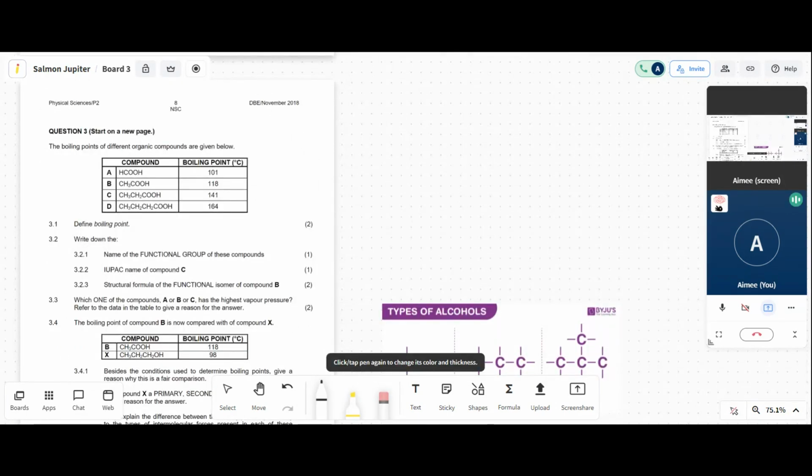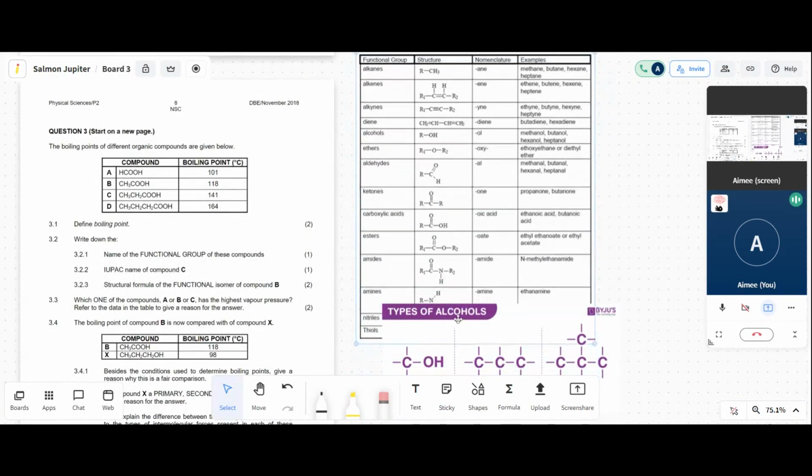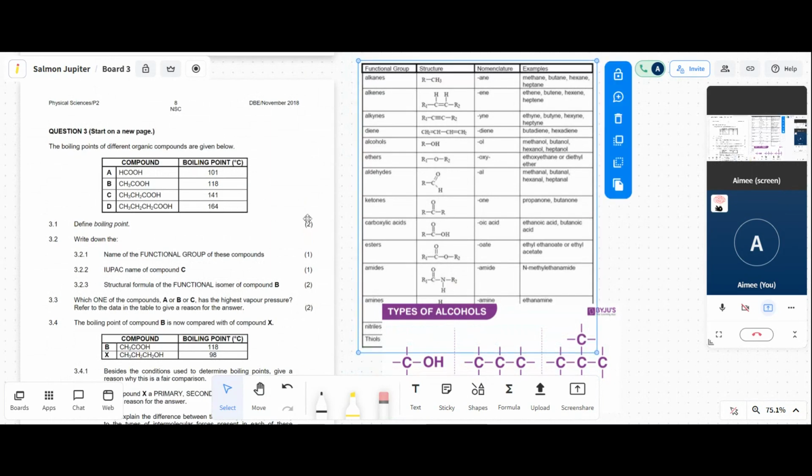Okay, 3.2, write down the 3.2.1, the name of the functional group of these compounds. So maybe I can just bring this back down here quickly to have a look. So we're looking for a C double bonded O OH group.